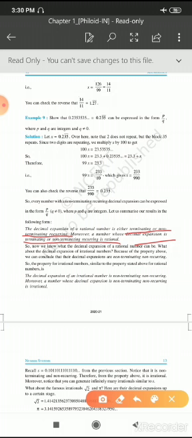And then what about the irrational numbers? The decimal expansion of irrational numbers is non-terminating, non-recurring. So if the decimal expansion of any number is non-terminating, non-recurring, then it will be an irrational number, and vice versa.